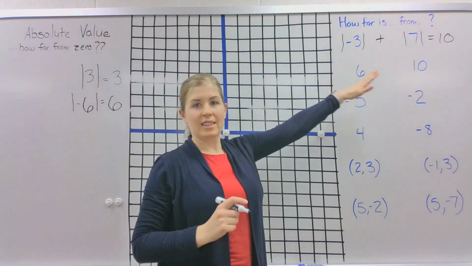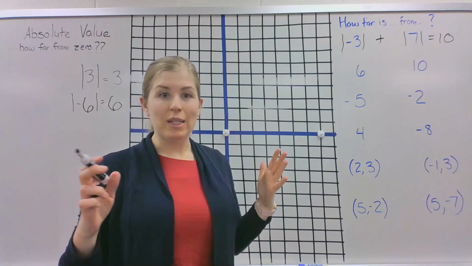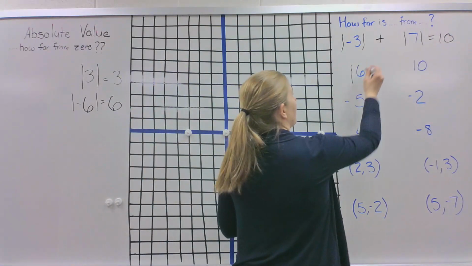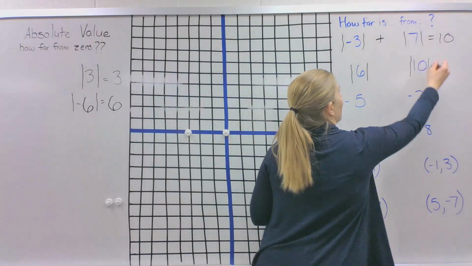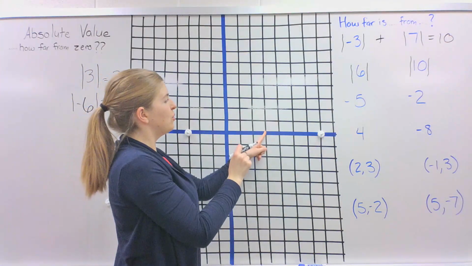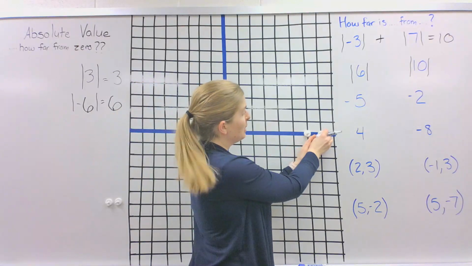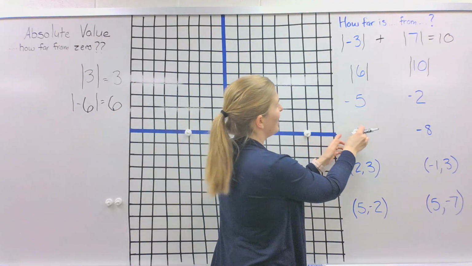What about 6 and 10? We can use absolute value to find the distance between numbers on a number line. If we found the absolute value of 6 and 10, we would find 1, 2, 3, 4, 5, 6 here. And my coordinate grid cuts off 7, 8, 9, 10.